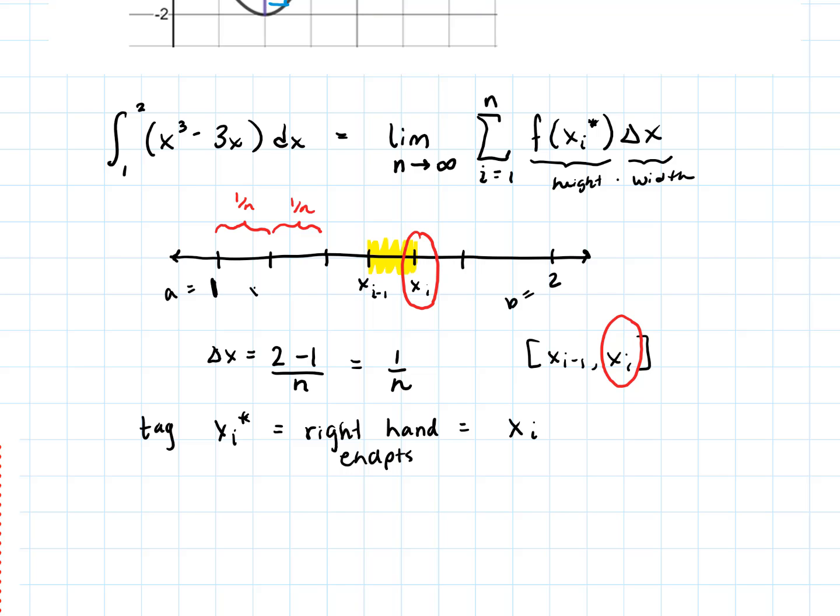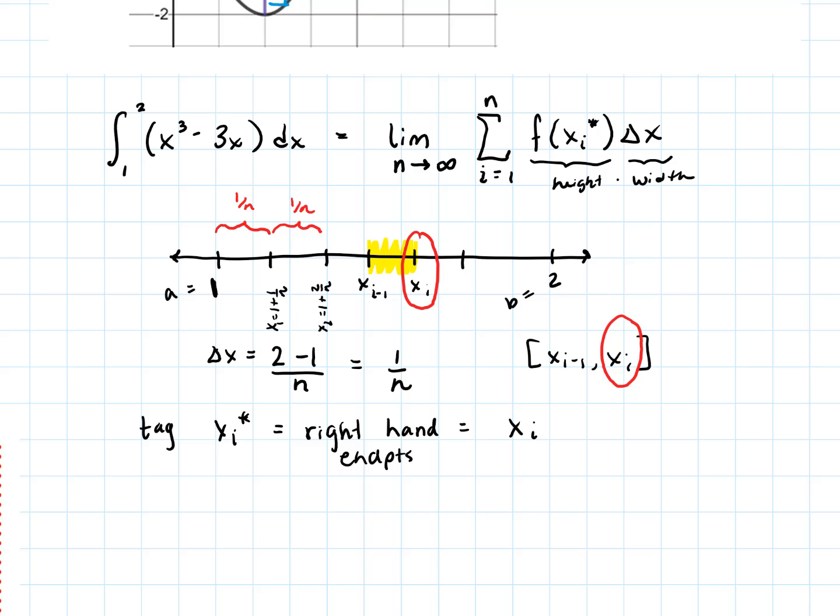So x1 is going to be 1 plus 1 over n. I don't have a ton of space right here, so I'm going to write those vertically. x1 is 1 plus 1 over n. And then of course x2 is going to be 1 plus, now we've gone 2 widths, so 2 over n.